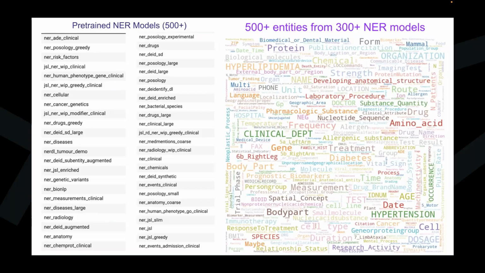We already have more than 500 different small named entity recognition models, so you can extract more than 500 different entities. Of course, you can say you can just dump this into an LLM and extract. But if you are doing, let's say, oncology entity extraction with millions of records, if you use an LLM for this, first you need to make sure that whatever you get from there is deterministic, which it is not.